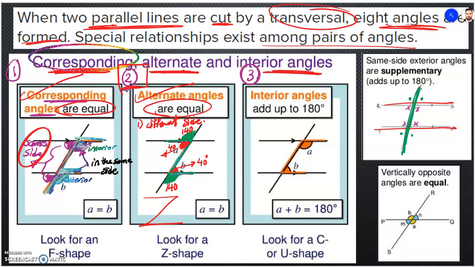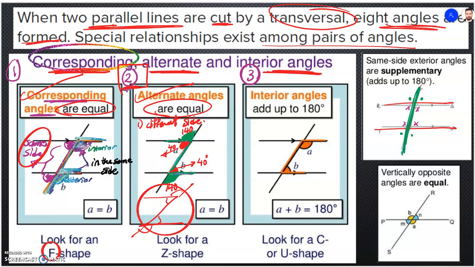Alternate angles make a letter Z, corresponding angles make a letter F shape. Interior alternate angles or exterior alternate angles.